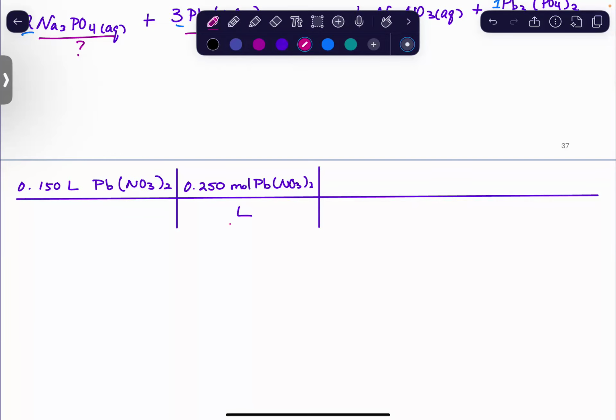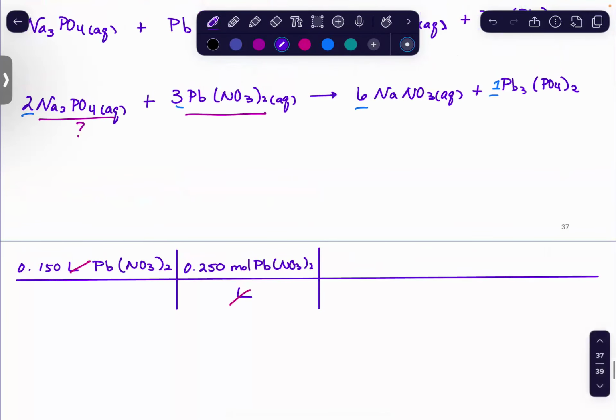And so of course, liter divides out. And then from my equation, you see I have 3 moles of the lead 2 nitrate to 2 moles of the sodium phosphate. So your moles of lead nitrate cancel out.